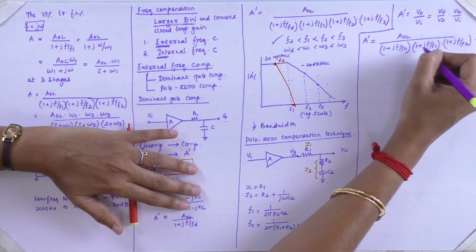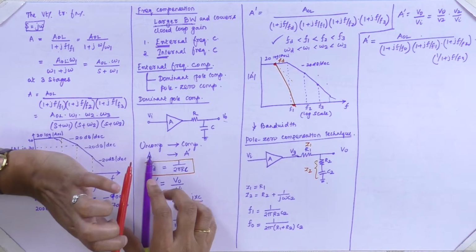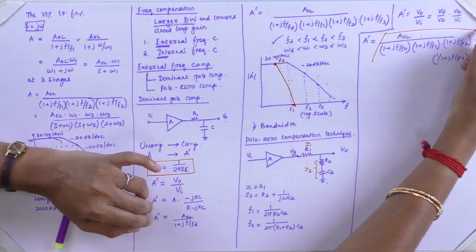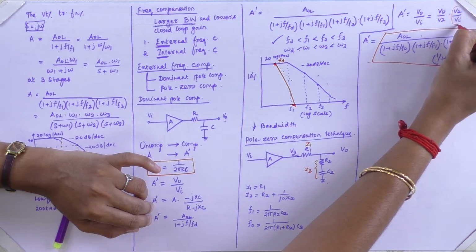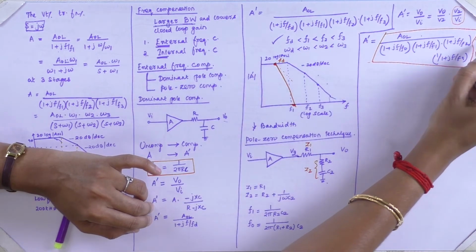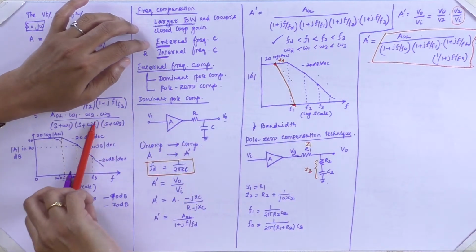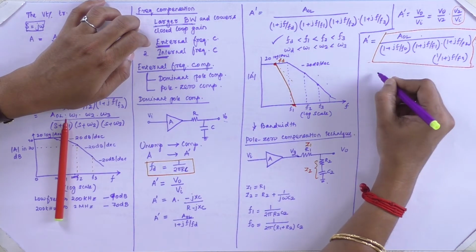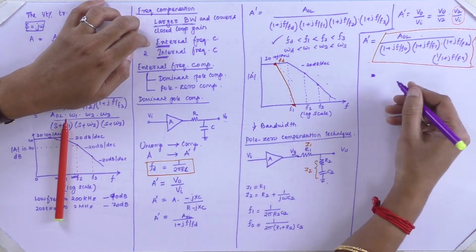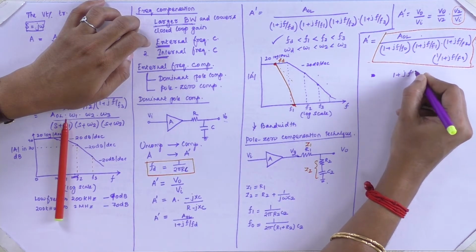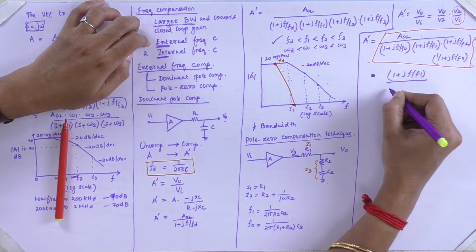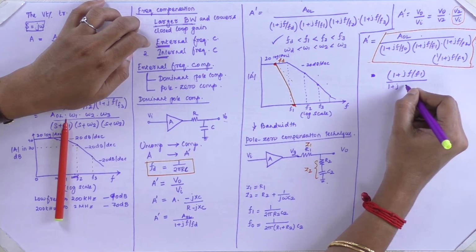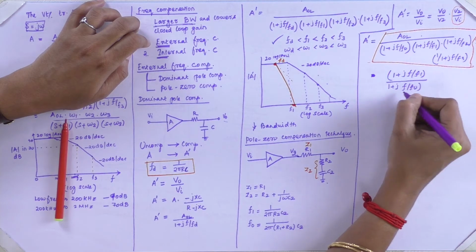We have to multiply with this factor, which I can say is V2 by Vi. Now I have to write V0 by V2. In that condition, V0 by V2 I can write the expression by multiplying with the term 1 plus J F by F1 over 1 plus J F by F0. So only I got that factor.